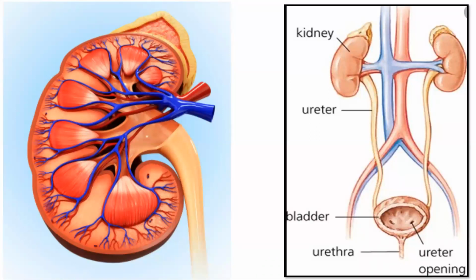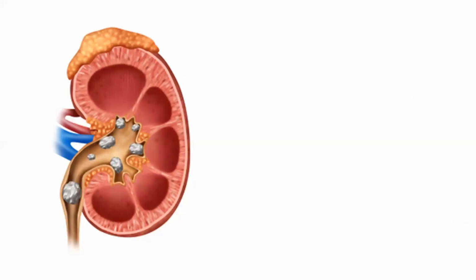Okay. So let me first explain you the different parts of kidney. Here in the given diagram, the outermost covering of the kidney is called as capsule.